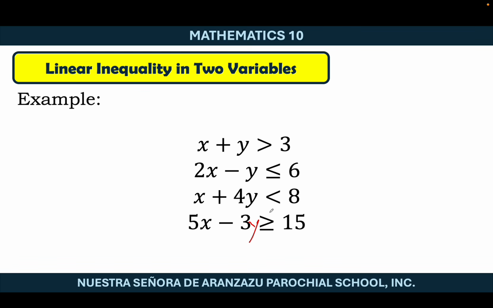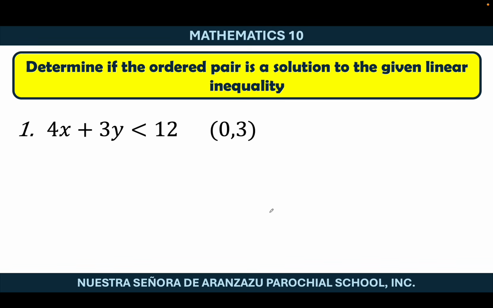Before we proceed with solving and graphing the linear inequality, let us try to solve this one. 4x plus 3y less than 12. Let's determine whether this ordered pair will satisfy our inequality. If we have the ordered pair (0, 3), our 0 represents x and our 3 represents y.